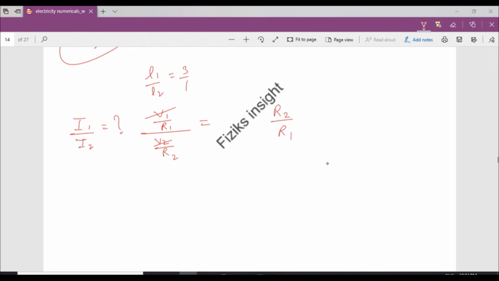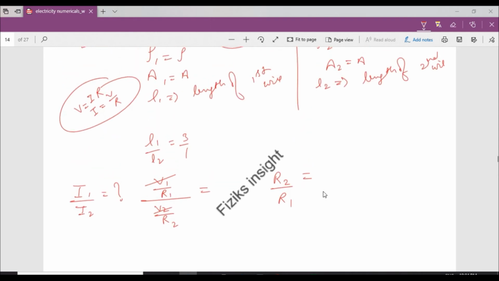Then what is the formula for R in terms of length and area? So again it will be rho L2 upon A2, rho L1 upon A1. Rho cancels with this rho as both the wires are of same material. So here you can write L2 by A2 into A1 by L1. So the ratio of length L1 by L2 is 3 by 1. So L2 ratio L1 will be inverted, that is 1 ratio 3.